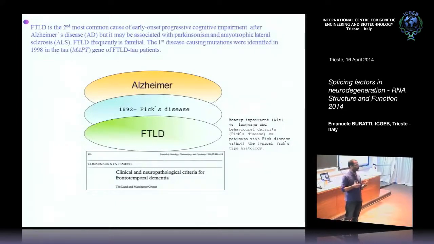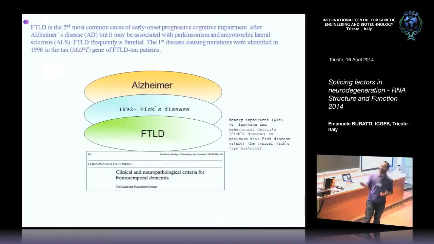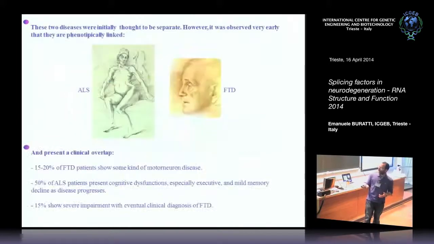So people changed personality, they started to forget things, but the characteristics were quite different from Alzheimer's. And indeed, when people who were studying these two diseases compared their data, they saw that there was some similarity. First of all, there was some similarity at the phenotypic level.